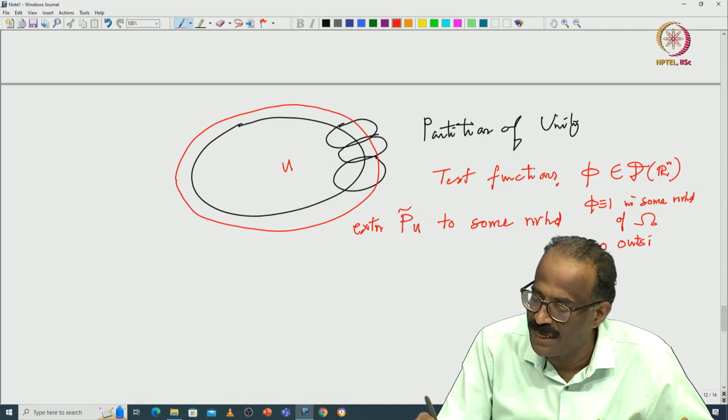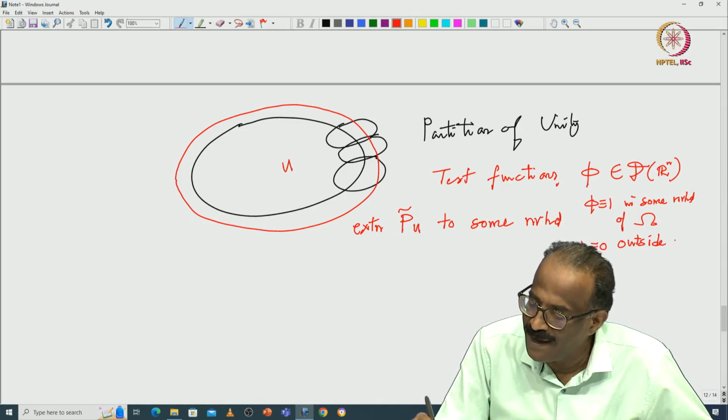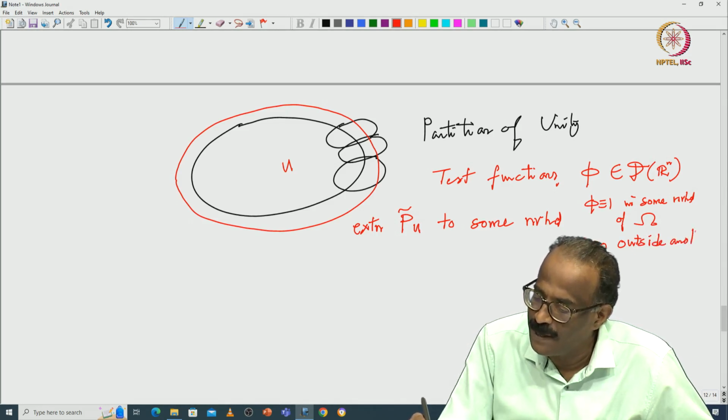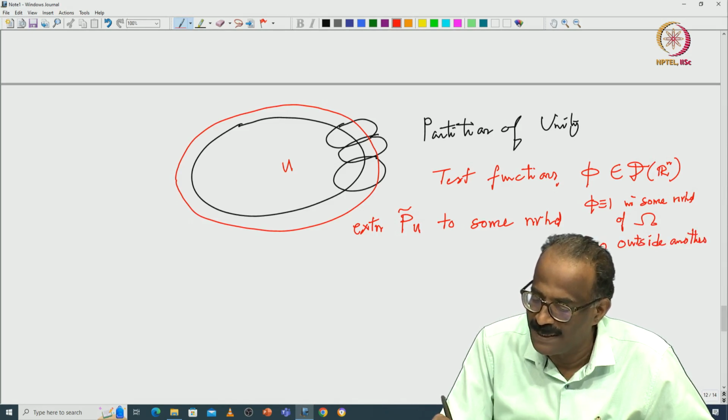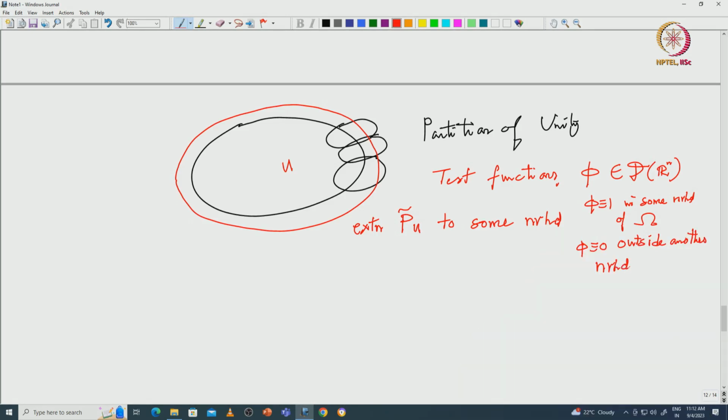Such constructions we use plenty. So, basically you have an omega here and you have some sort of an omega tilde here.